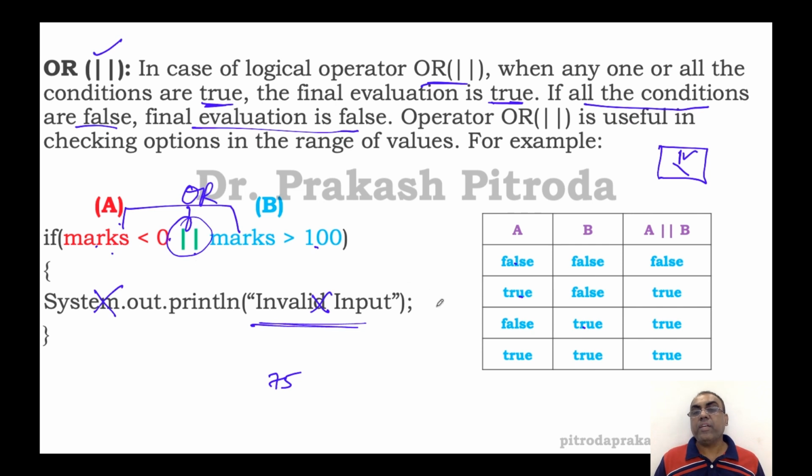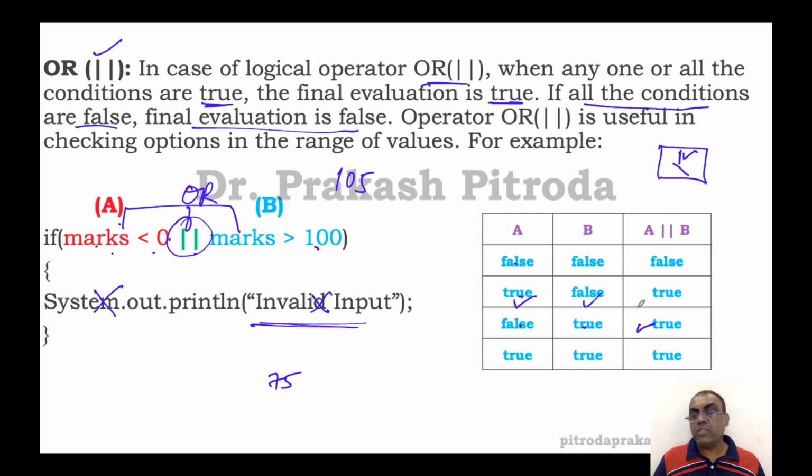Whereas in this case, if I say the number is, let's say by chance 105, typed by mistake, 105 less than 0, false, but 105 greater than 100, true. So for the computer, false or true is going to be true. There are many conditions where all are true or one of them is true.